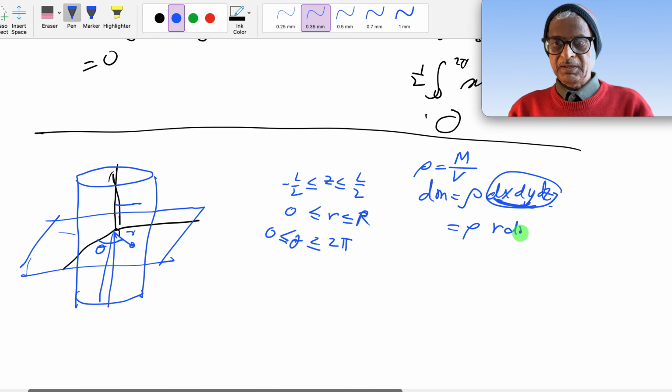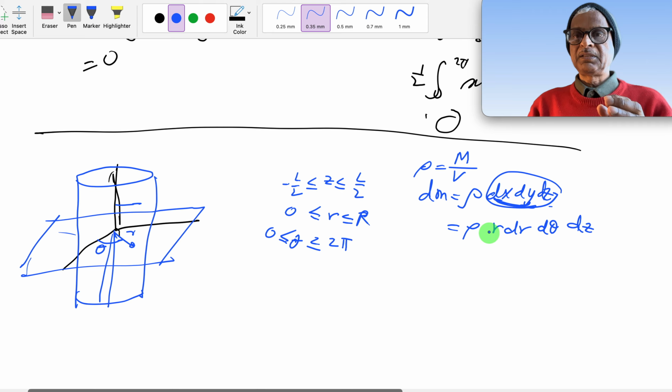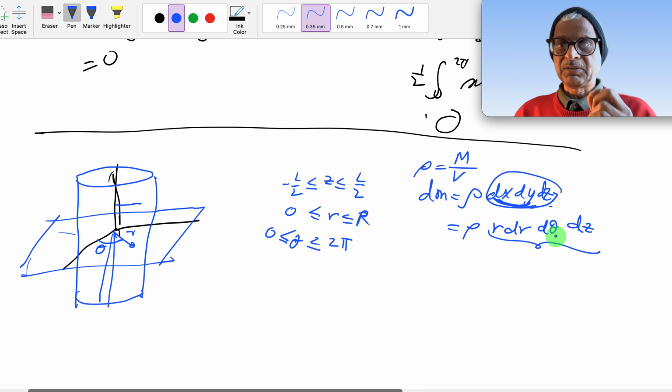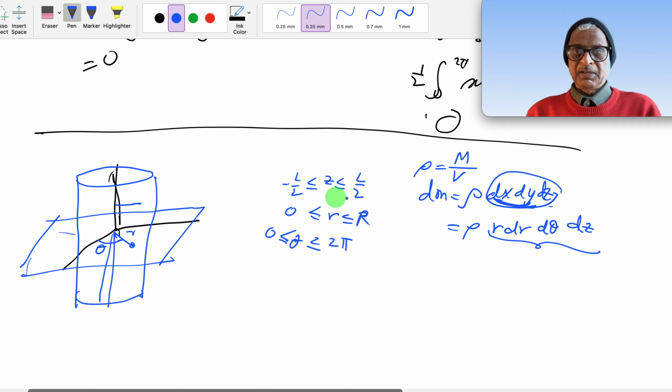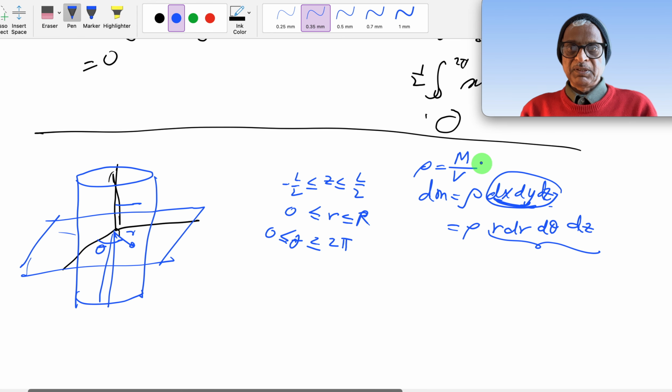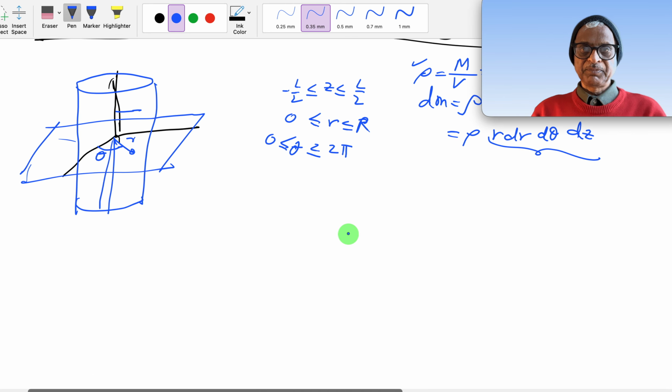So r dr d theta, and the dz will remain the way it is. So this is the cylindrical coordinate volume element. Now the volume is going to be pi r square L. That's what the rho will be in the end.